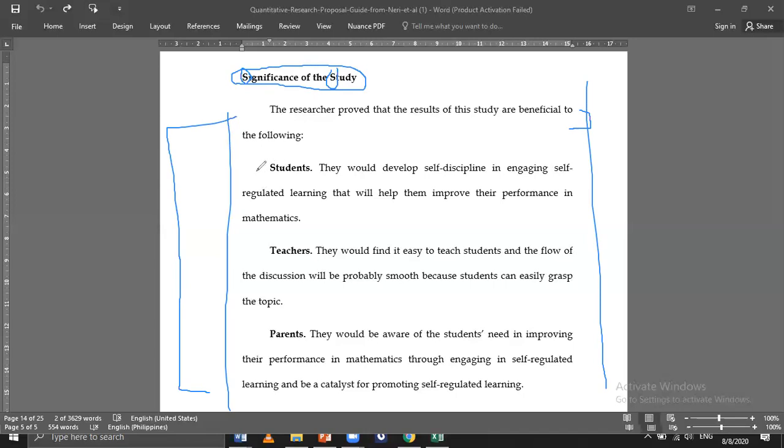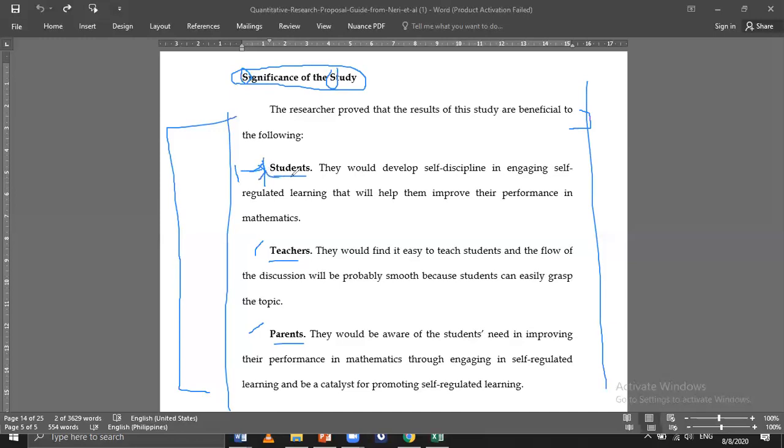Start from the smallest unit to the largest unit. Smallest are the students. Next are the teachers. Next are the parents, and then the administrators. So those are the arrangement. Next, one tab or an indentation.